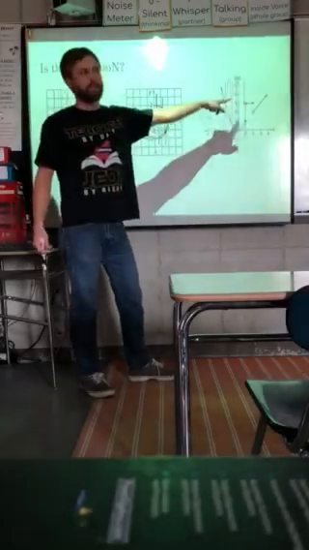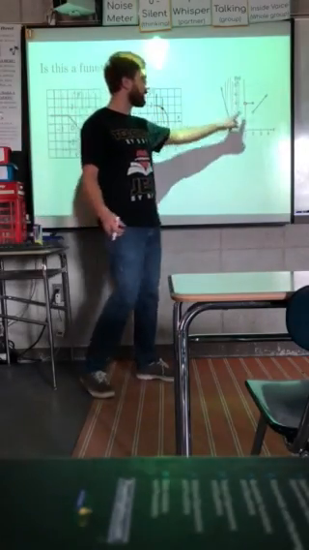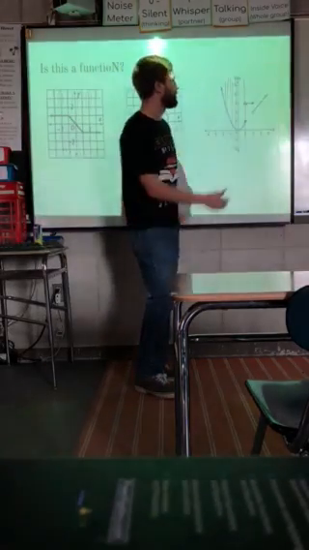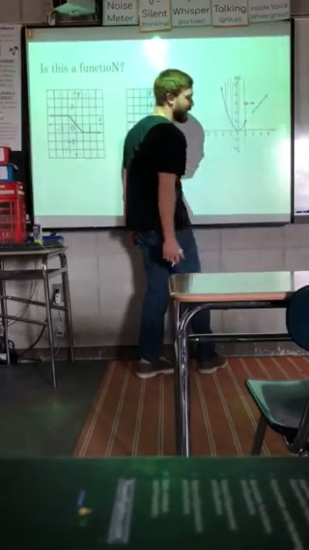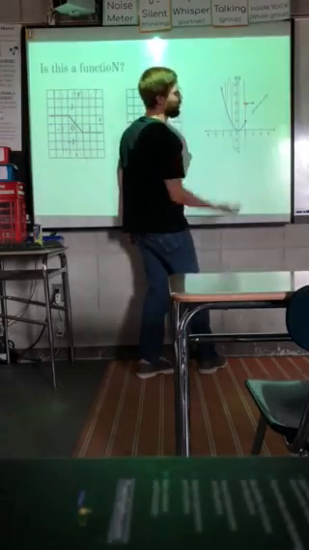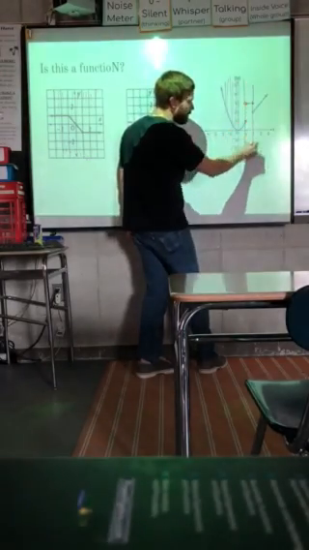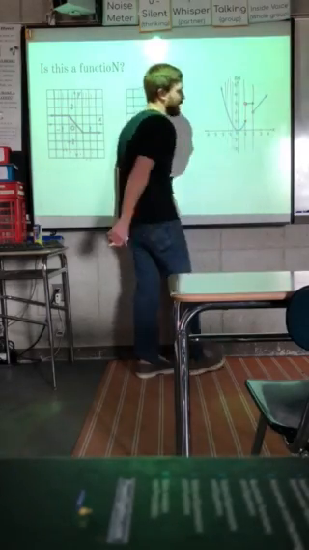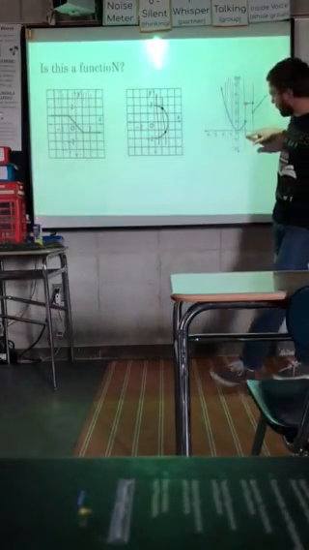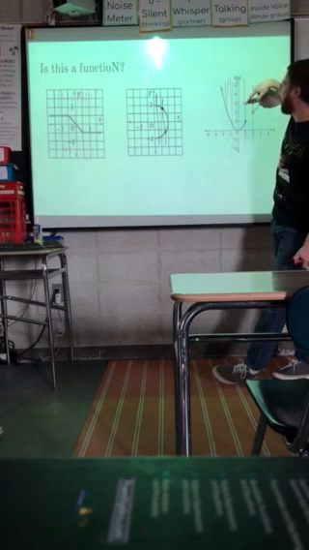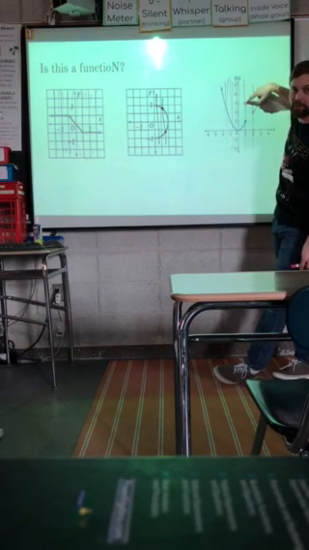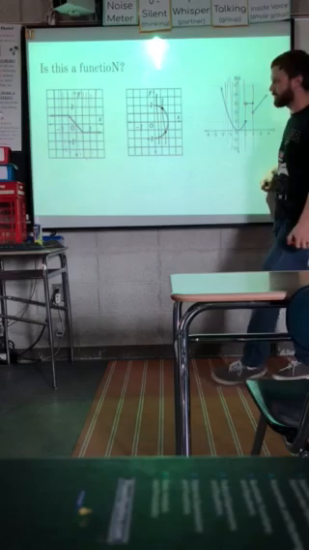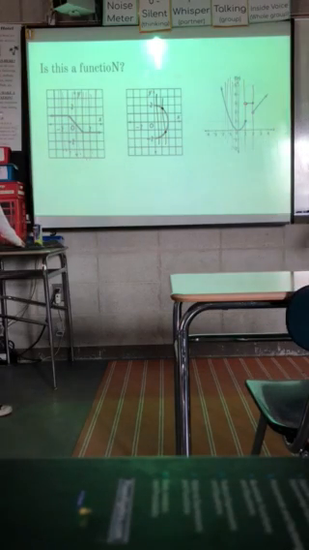This open point means that it is not included in the output. So this is not a point, even though it looks like one. Same goes for this. This is open, so that value is not included. If we look at the input value 1, the output value 3 is not included in that set.